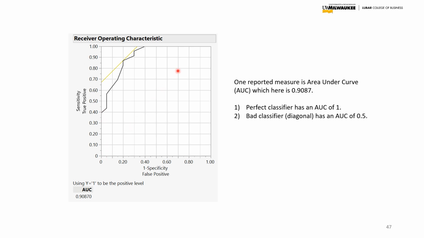For a bad classifier at 45 degrees, the area under it would be 0.5 or half the box. As we move toward this corner, the area under the curve moves toward being 1. Thus, a perfect classifier would have an AUC of 1, a bad classifier an AUC of 0.5.